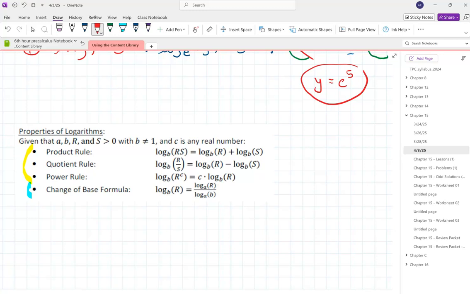Now, when I was doing this in my Algebra 2 class back in the mid-90s, the way you did log base 2 of 7 was we'd use the change of base formula to rewrite it as the natural log of 7 divided by the natural log of 2. And you turn to the back of the textbook to the table of logarithms, look up the natural log of 7 and the natural log of 2, the decimal approximation in the back of your textbook, type those into your calculator and do the divide sign on it.